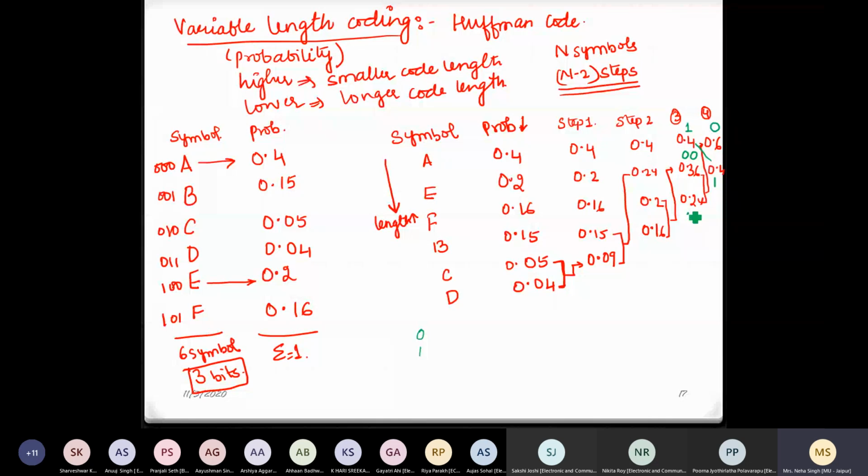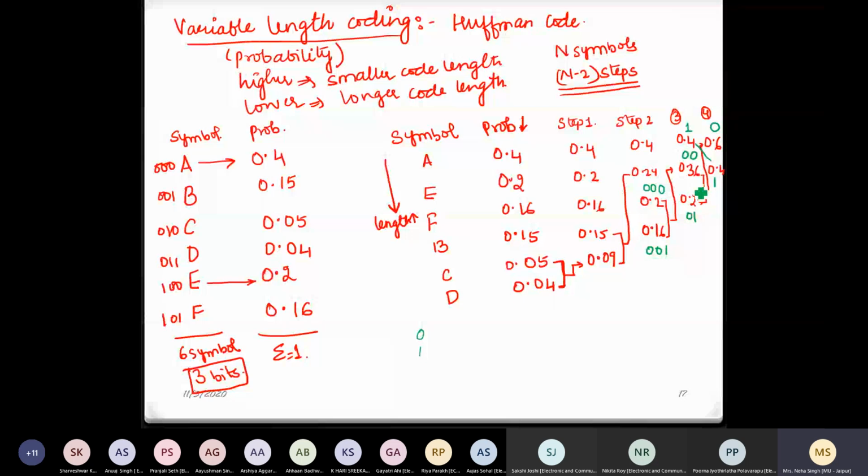Now the codes I have in this level 3 are: for 0.4, 1; for 0.36, 00; for 0.24, 01. But this 0.36 was made up of these two probabilities, so I backtrace this 00 to these. Their initial code is 00, but now to distinguish between them I add a third bit and give them the codes 000 and 001.